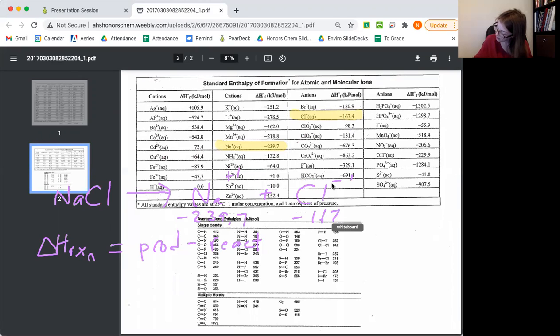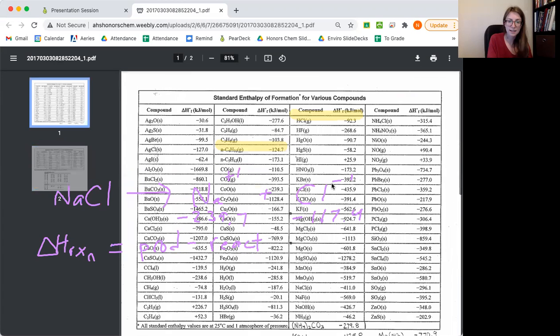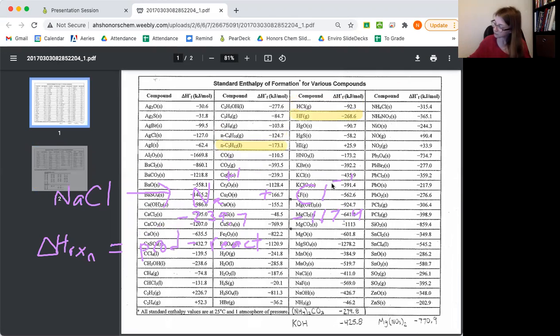Chlorine is negative 167.4. And going up to the 1st page of it, we'll be able to find NaCl. NaCl is here. It has a value of negative 411. So now I'm going to leave the chart so you can actually read the things I'm writing.